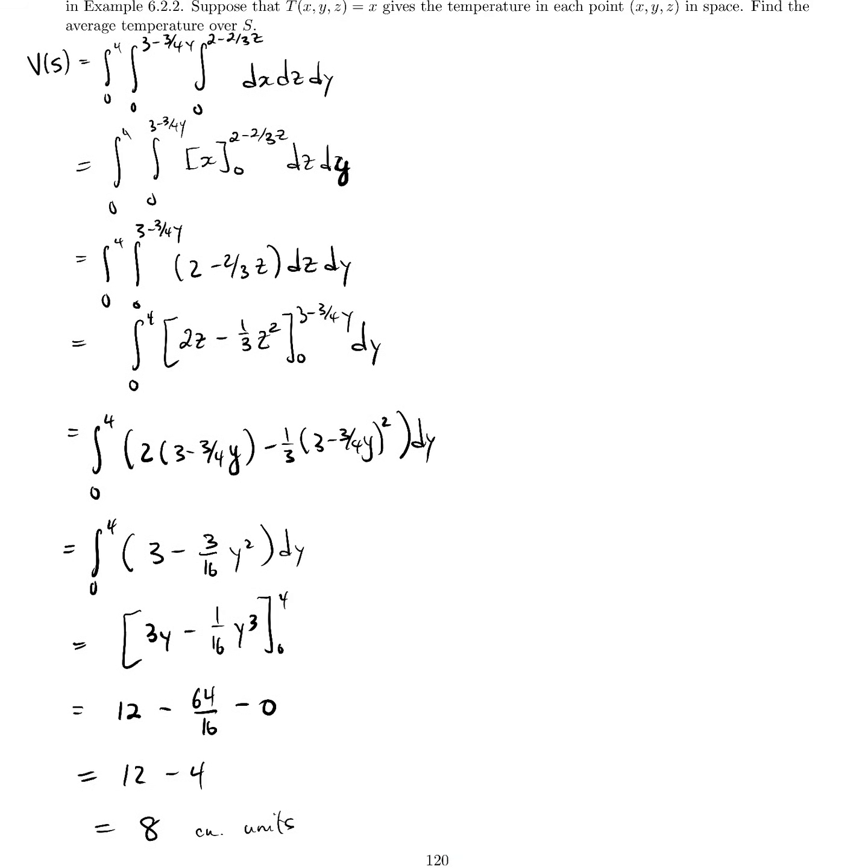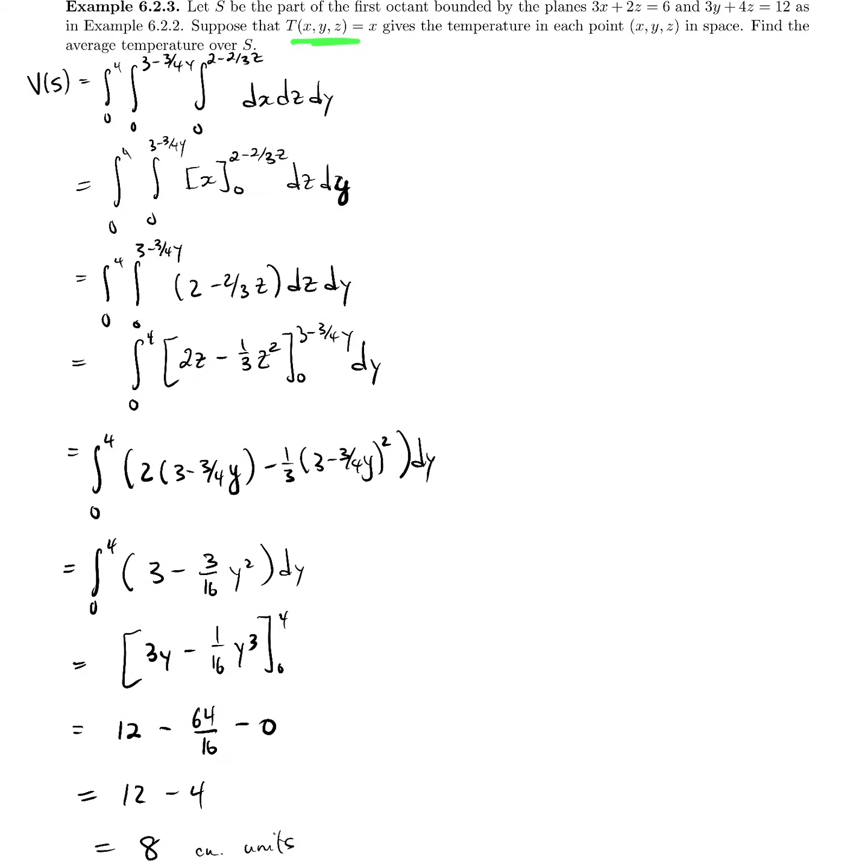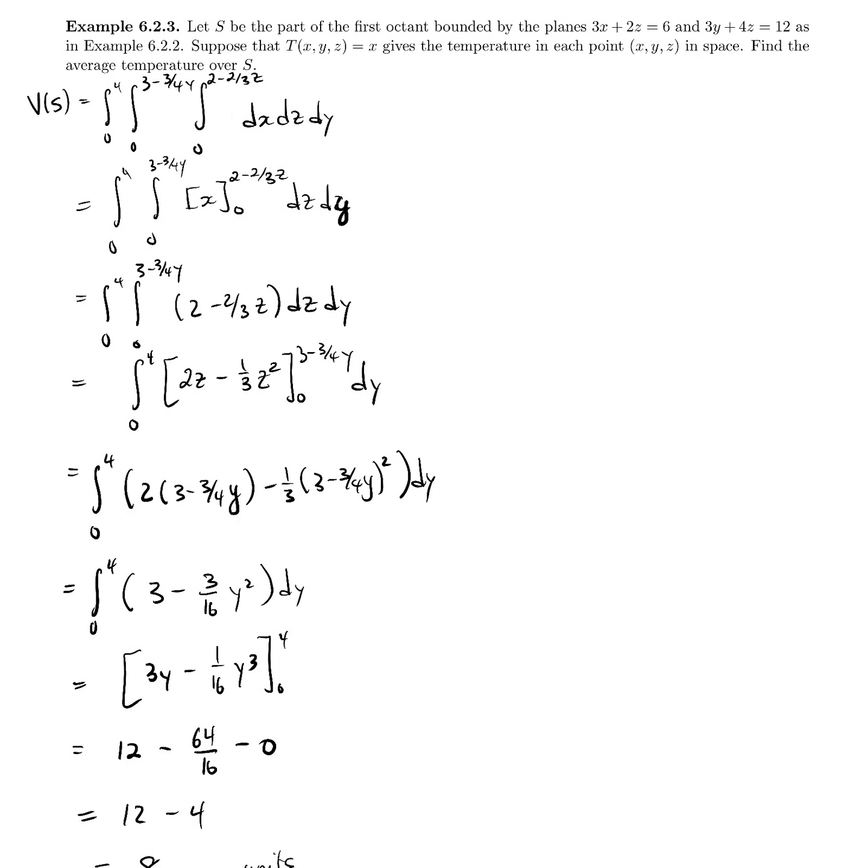Now we need to do the same thing for our temperature T, except it's not going to be a 1. So I'm not going to bore you with those details. You have seen a triple integral at least once here. You know how it is going to be set up.